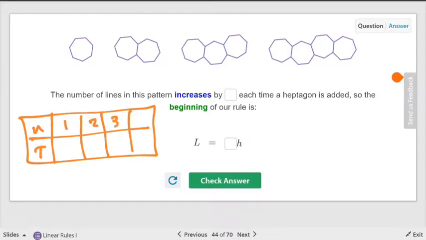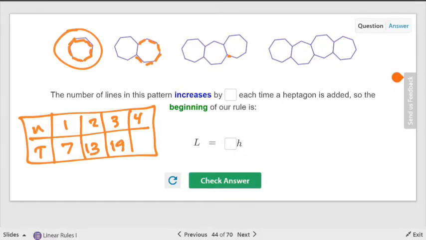How many lines in the first one? 1, 2, 3, 4, 5, 6, 7. How many in the second one? 7, 8, 9, 10, 11, 12, 13. 13 is 7 plus 6. Then there's 19, and so on.